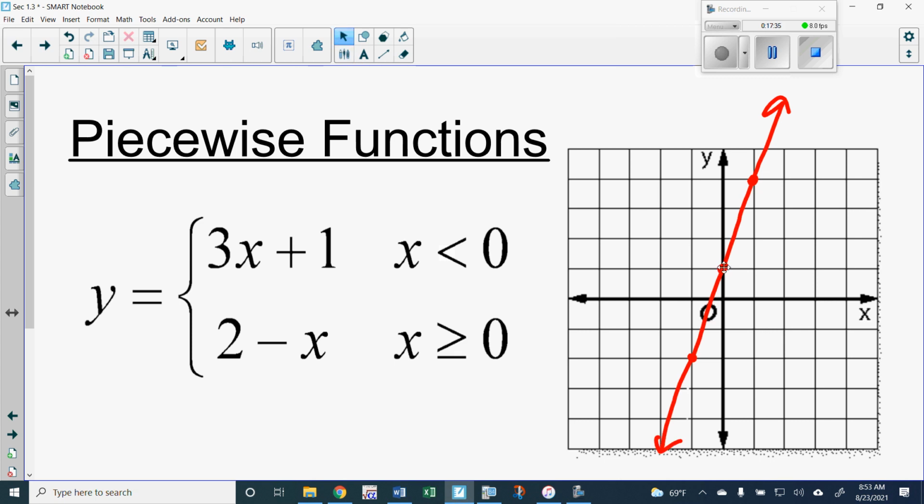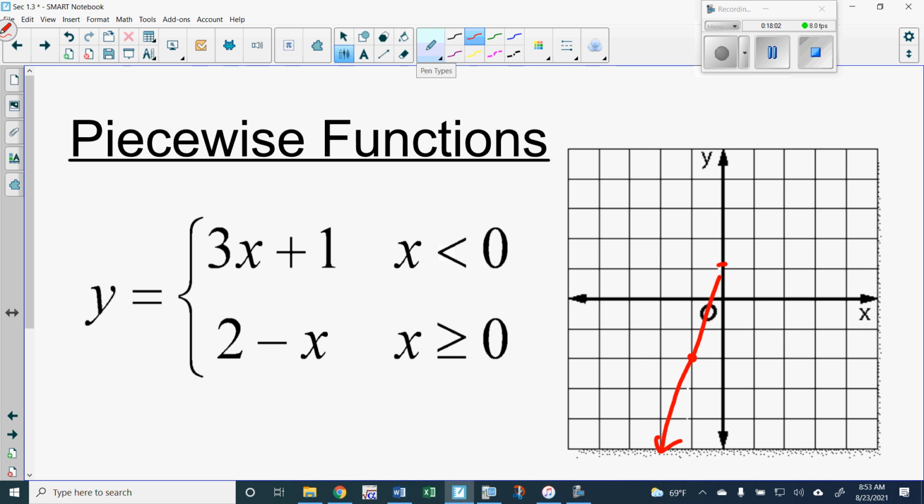So I am going to erase all of this. Now, is this an open or closed circle? It's open. Now I'm going to graph 2 minus x, where my y-intercept is 2, my slope is -1.